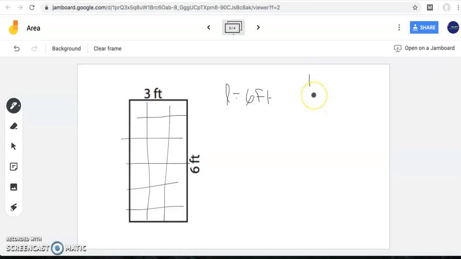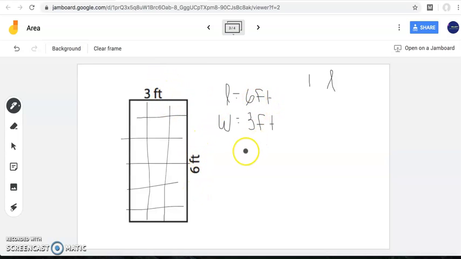And it's really easy to write an L like this, and I might think, okay, that's a 1, but I meant to say the letter L. So that's why I like to represent length with a cursive L. And then I also have my width equals 3 feet. Now notice I'm defining what these variables are, which are actually given to us. So here we have our length and we have our width.